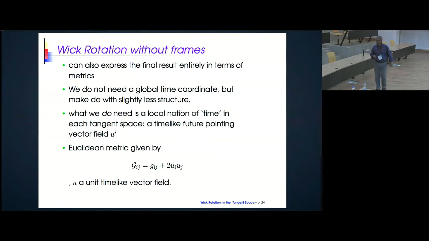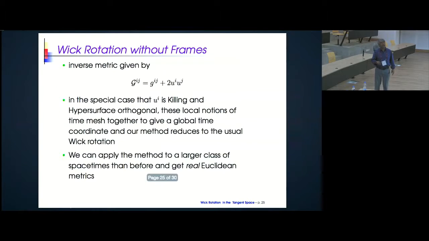We use a timelike unit vector field. The inverse metric is given by this formula. In the special case that U is Killing and hypersurface orthogonal, that is to say, a multiple of U is Killing and hypersurface orthogonal, these local notions of time mesh together to give a global time coordinate, and our method reduces to the usual Wick rotation.